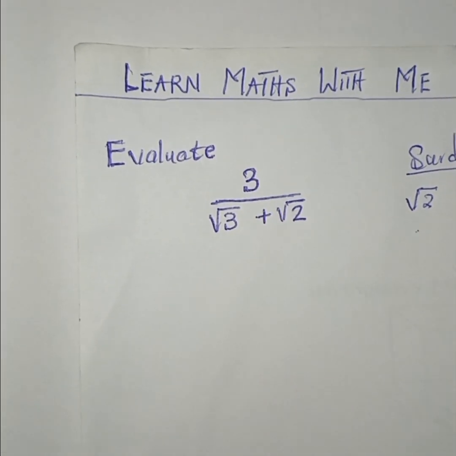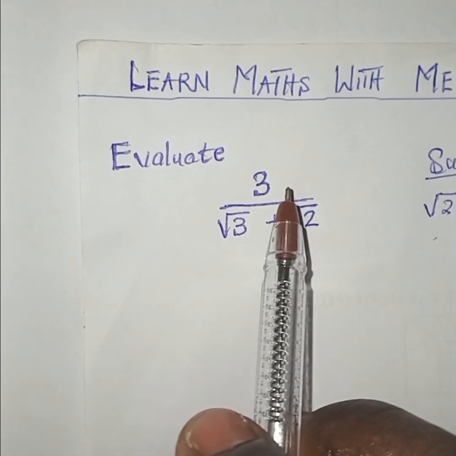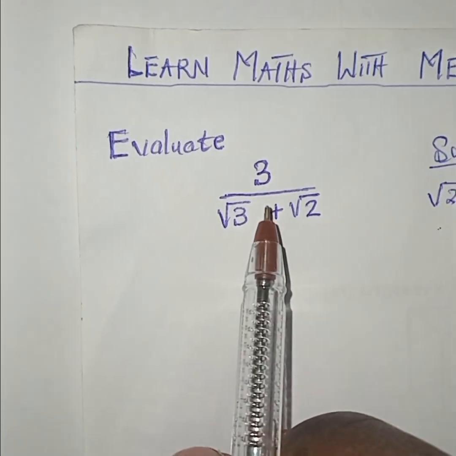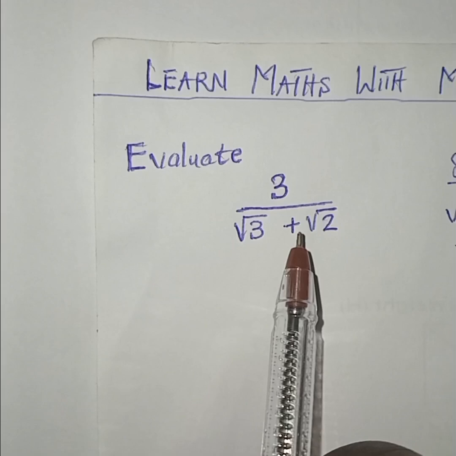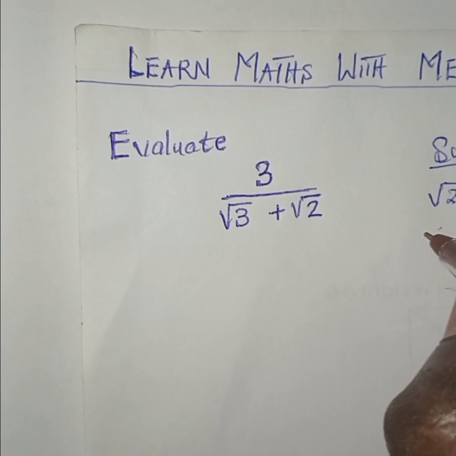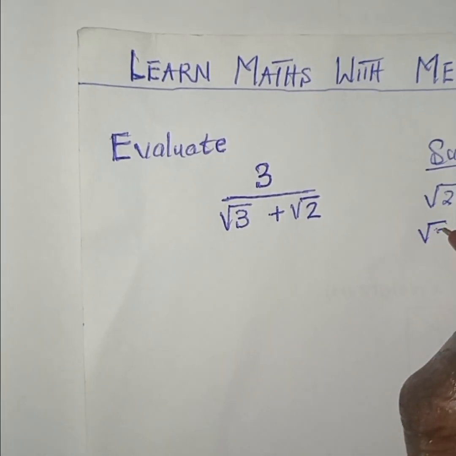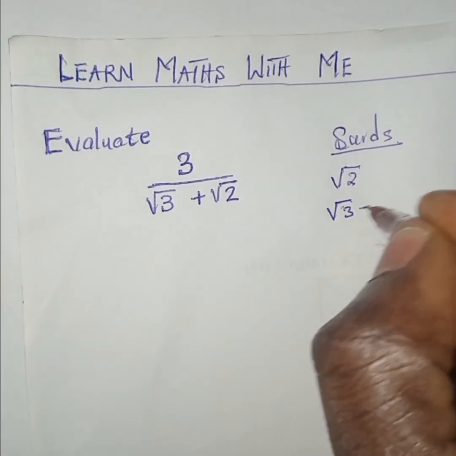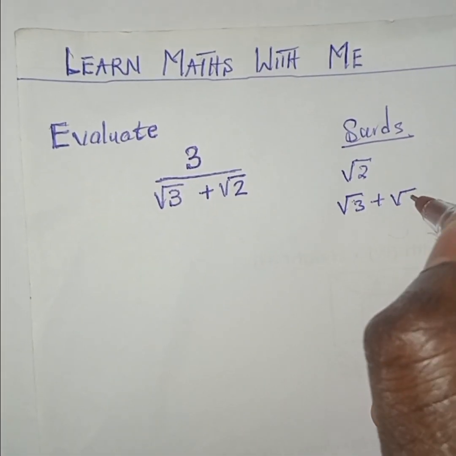In order to solve this, one thing we are going to do is take the conjugate. What is the conjugate? This is the denominator, square root of 3 plus square root of 2.